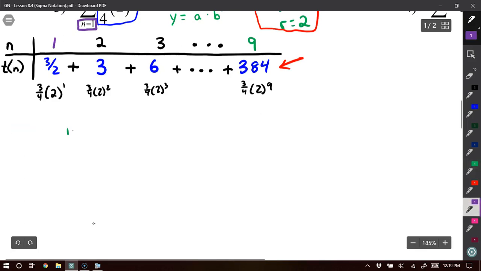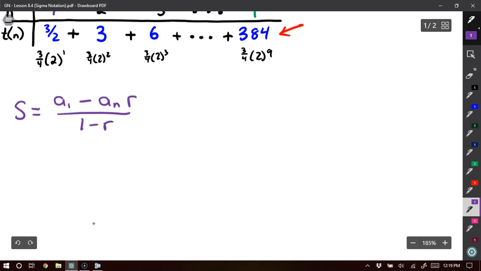So we have here my sum. The second sum formula for a geometric series is a1 minus a sub n times r over 1 minus r. And I'm going to use this one just because a little change isn't a bad thing.